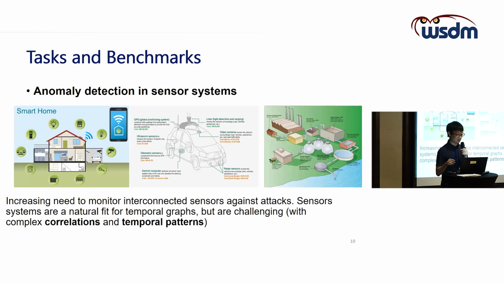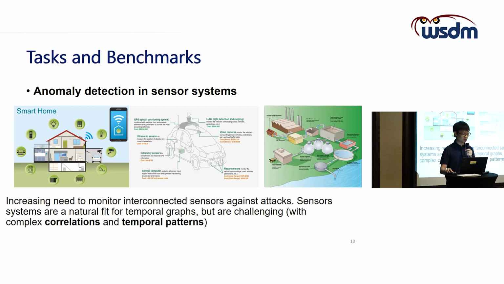Okay, so there's a final case, which is a little different from the previous ones, which is anomaly detection in sensor systems. Here the difference is that we actually have time series data, so in other words, the node features are temporal as well.